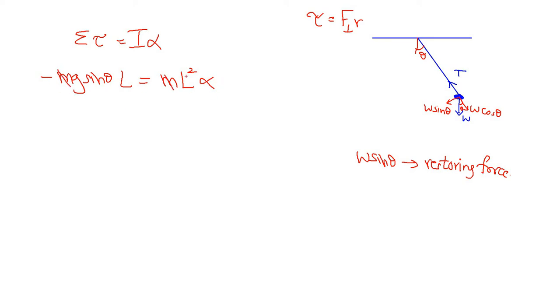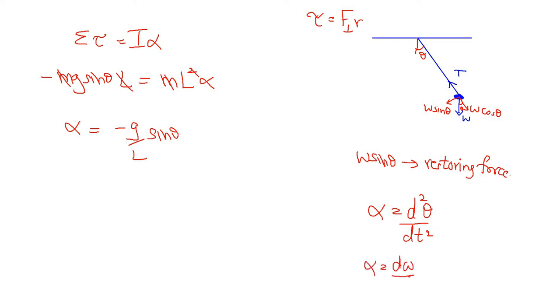I'm going to flip this equation over, and one of the L's cancels out, so you get alpha equals minus g over L sine theta. Remember, alpha is the second derivative of theta, and it's also d omega by dt, and omega is d theta by dt.